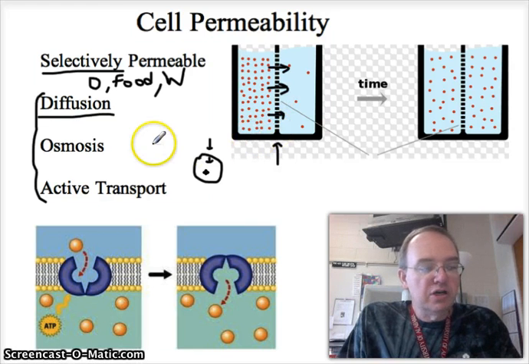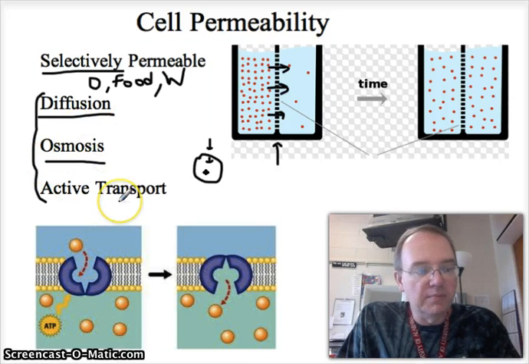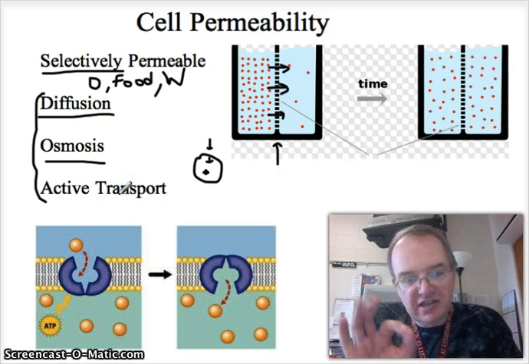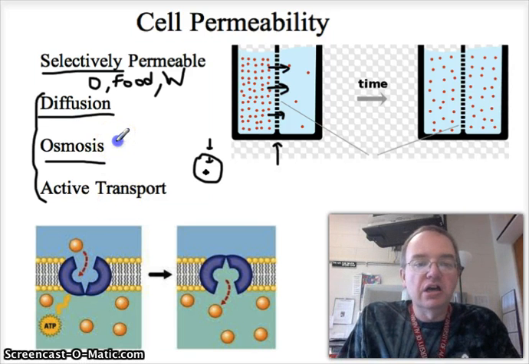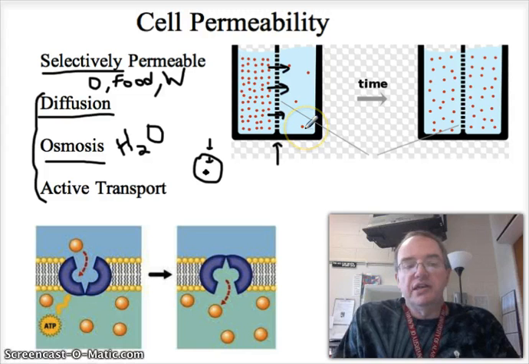Now, osmosis is a kind of diffusion, but they have it listed here because it is so common. Osmosis specifically is the diffusion of water. So, whenever you have diffusion of water, that means cells are getting water when you have more water on the outside of the cell than you do on the inside of the cell.